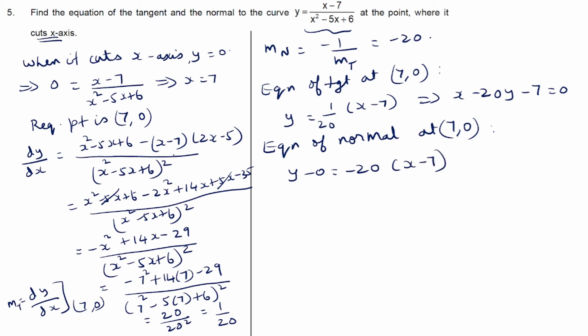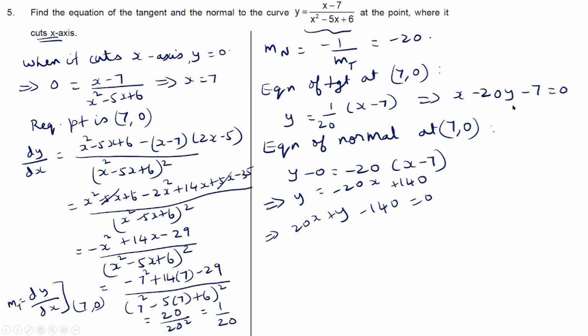So from this we have y equal to minus 20x plus 140, or we have 20x plus y minus 140 equal to 0.